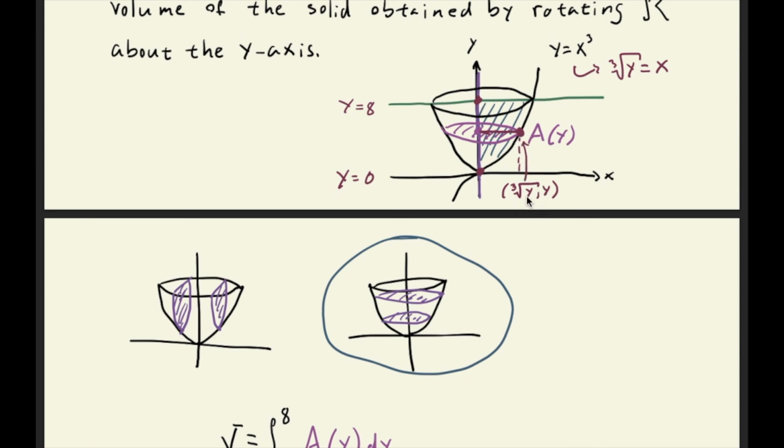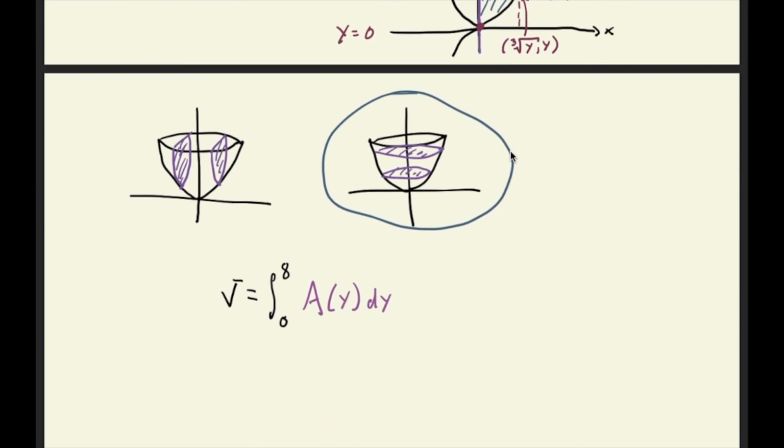That's the radius of the circle. So the radius r(y) of the cross section is cube root of y. The area of that cross section, that's a circle, so it's pi times the radius squared. This is y to the 1/3, so squared, this is going to be y to the 2/3.